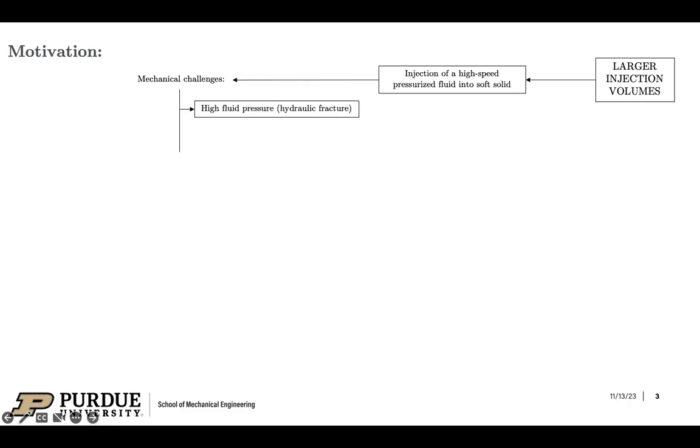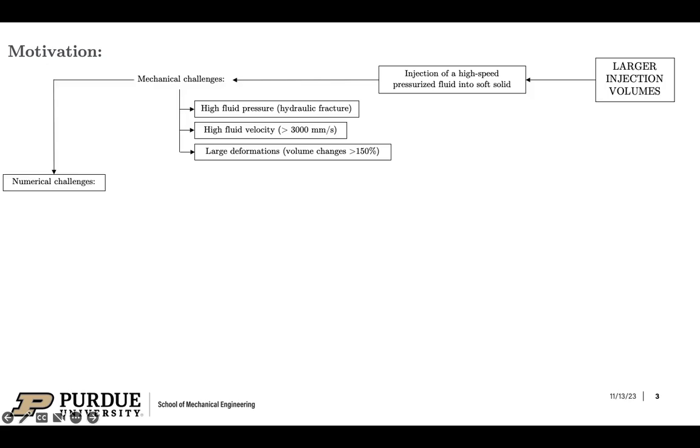This causes high fluid pressure near the injection point, which can lead to hydraulic fracture in the tissue, high velocities, higher sometimes than 3,000 millimeters per second at the needle tip, and large deformations caused by the compression of the autoinjector base plate that I showed in the animation in the previous slide, which can produce volume changes of up to 150%.